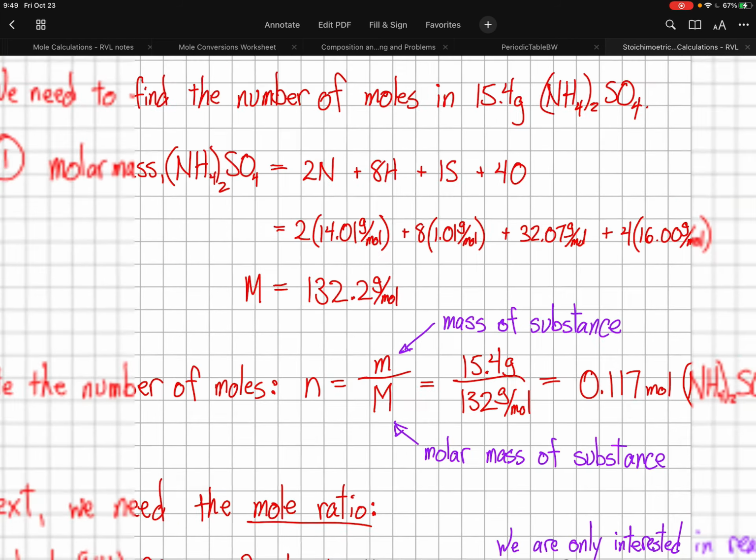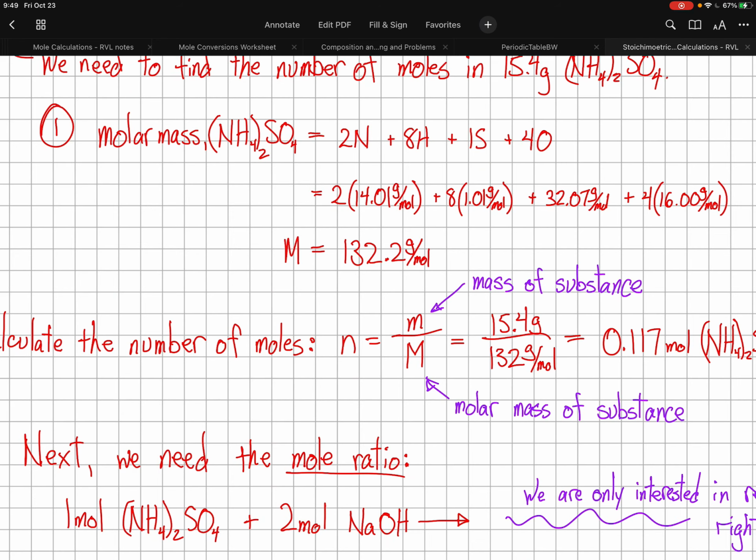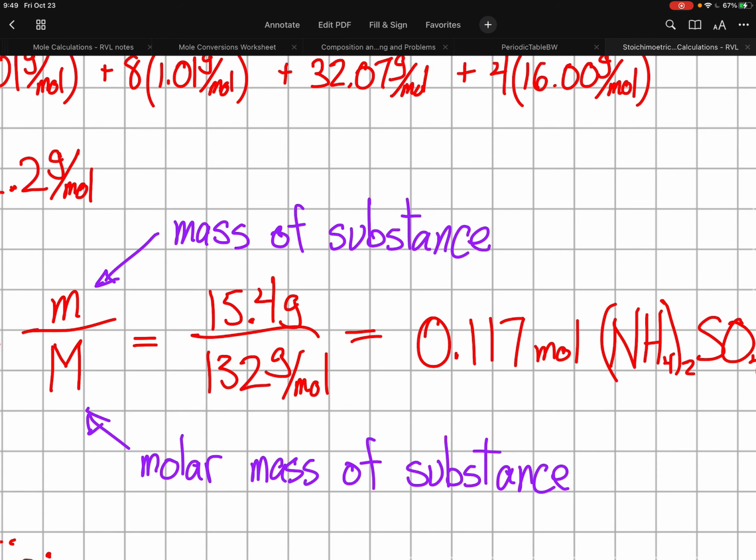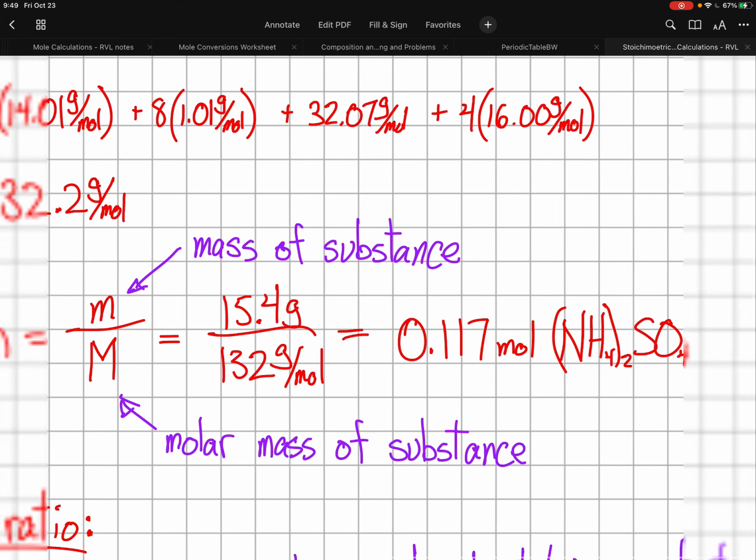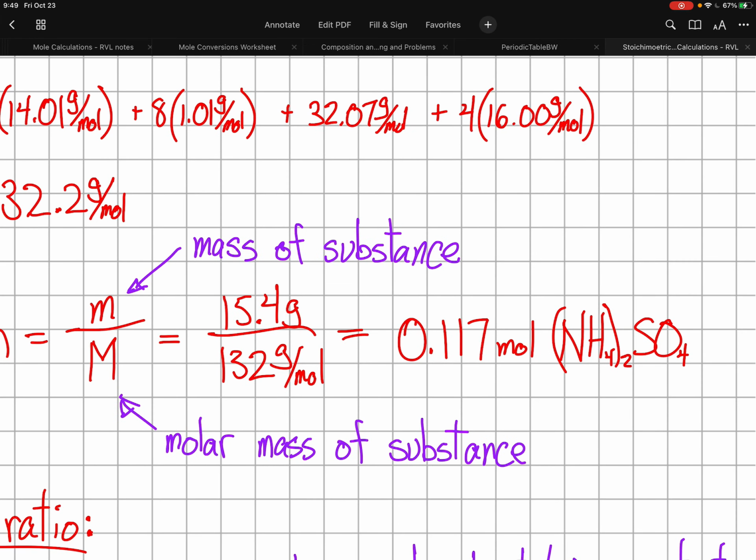Okay, so we've been told in our setup that we have 15.4 grams of ammonium sulfate, and we calculated in the previous step the molar mass of ammonium sulfate, and so we do the division and we find that we have 0.117 moles of ammonium sulfate. Done. Nice.